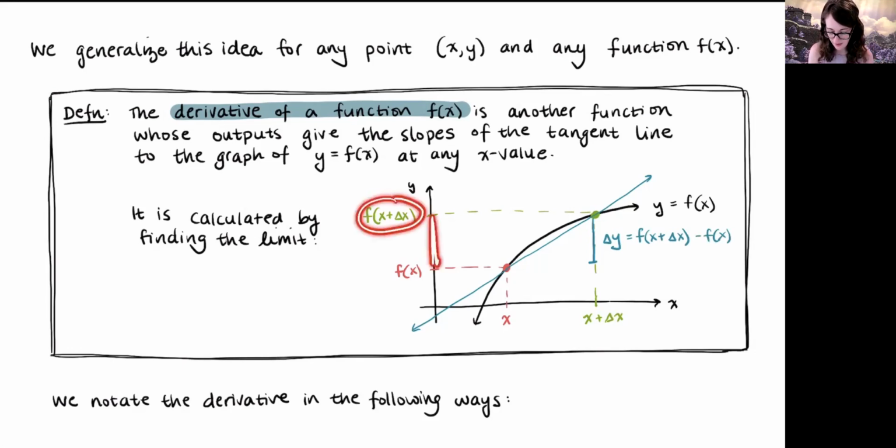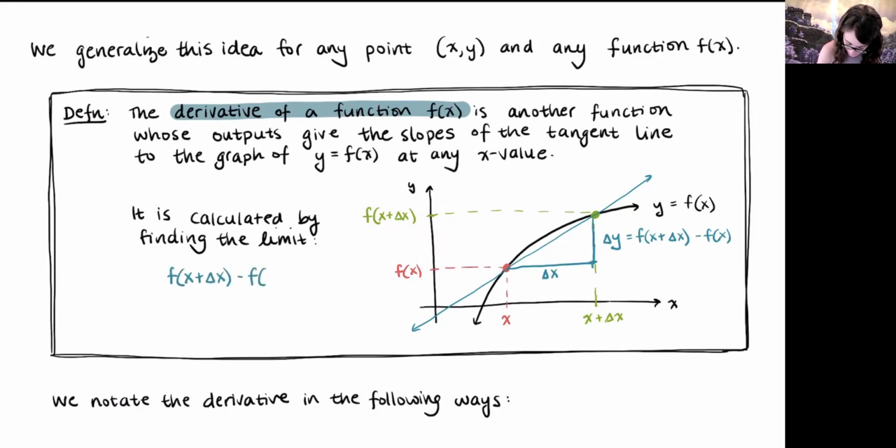The change in x, this distance here, if we go from x to x plus delta x, that distance is just delta x. So that's why we were using delta x, because it represents the change in the x coordinates. Right, so then the slope of the secant line is going to be f of x plus delta x minus f of x, that's the change in y, over the change in x.